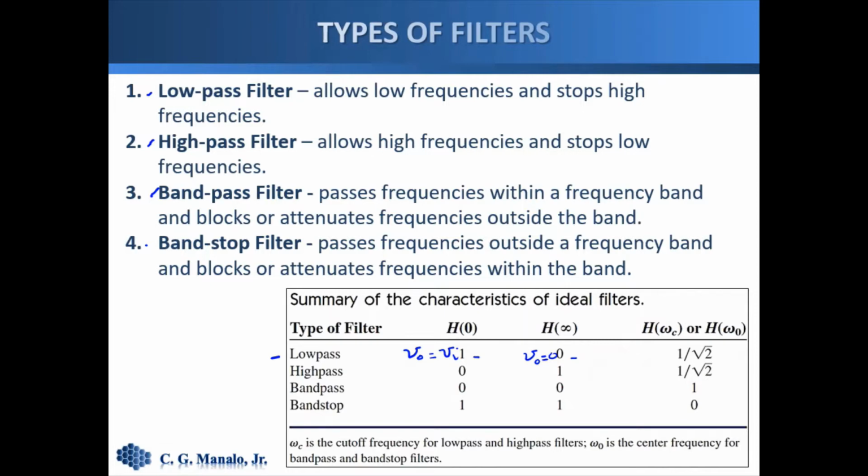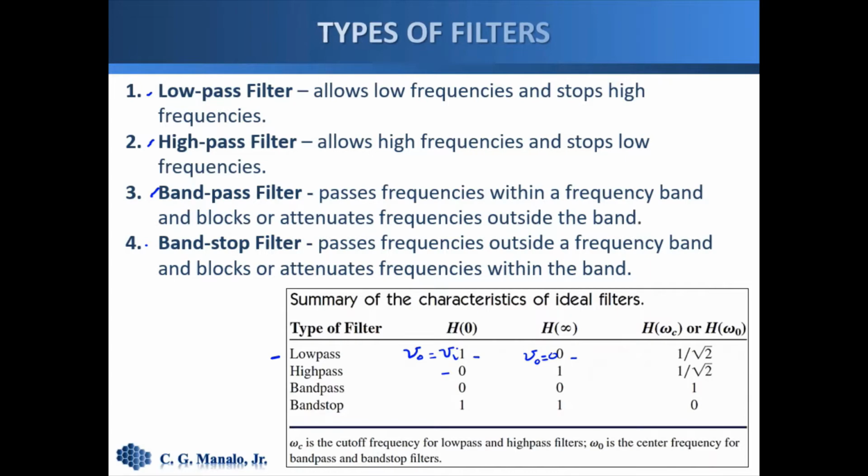For high pass, for low frequencies, the magnitude of the transfer function tends to go to zero, while at high frequency it tends to go to unity.